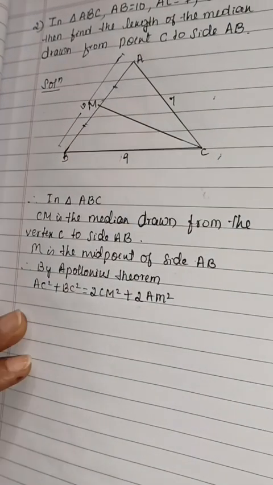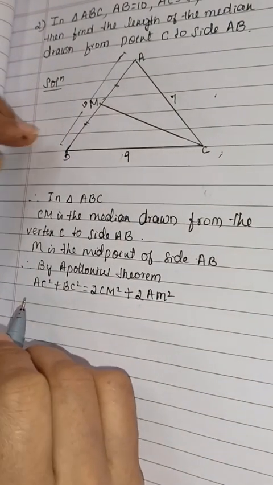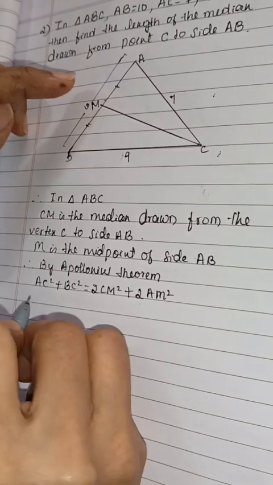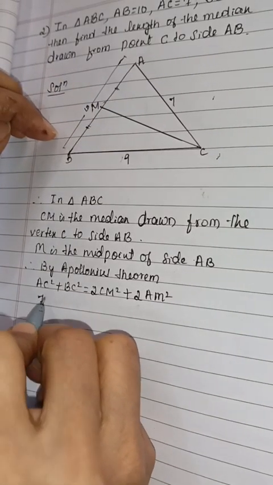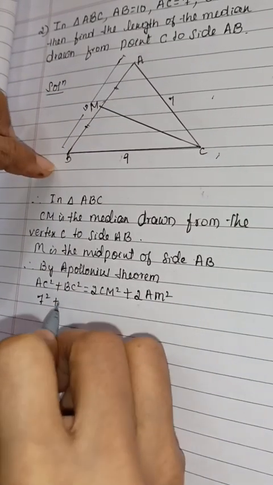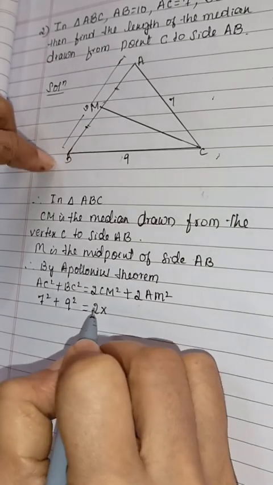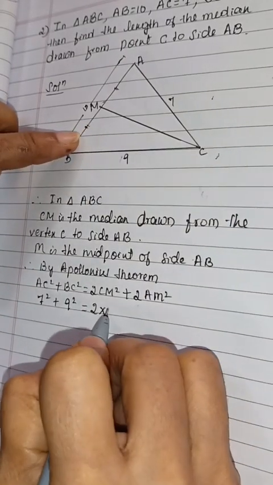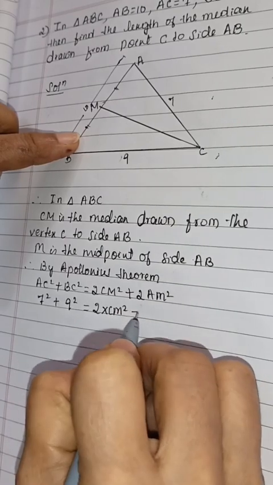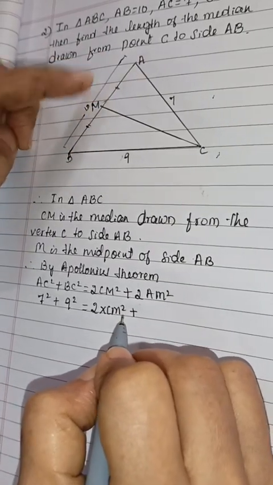Okay, now substitute the values. AC is 7 square plus BC is 9 square equal to 2 into CM square, which we have to find out, plus 2 AM square.